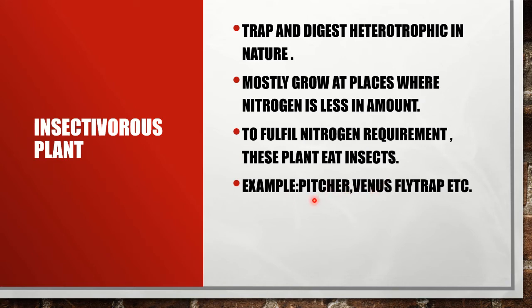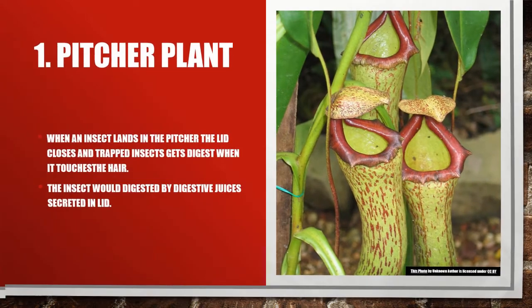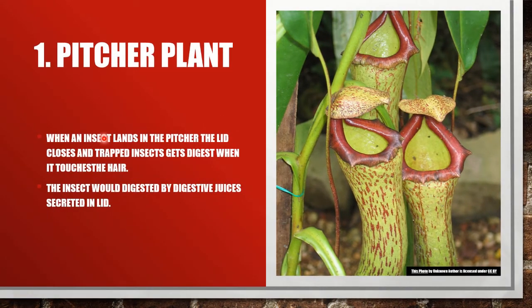First we will see the pitcher plant. When an insect lands in the pitcher, the lid closes and the trapped insect gets digested when it touches the hair. This is the image of the pitcher plant. When an insect lands here, the lid closes within a second, and there are some stiff hairs inside.